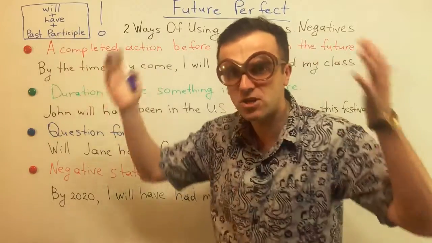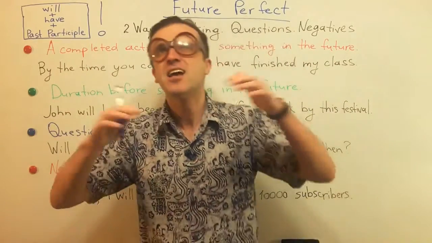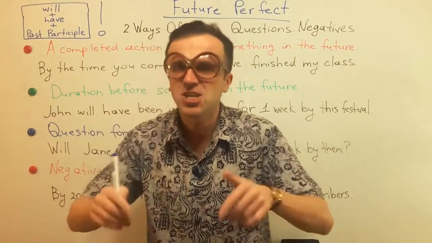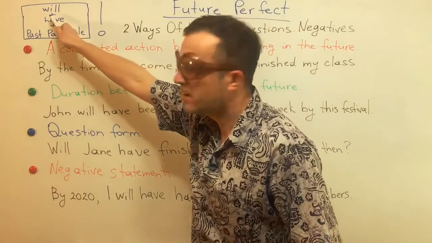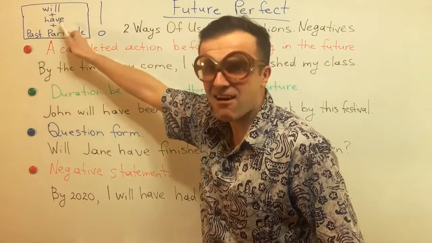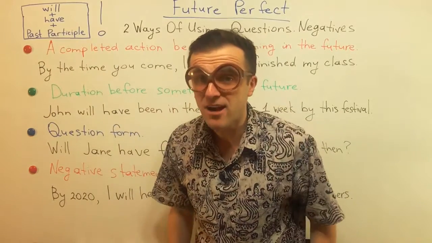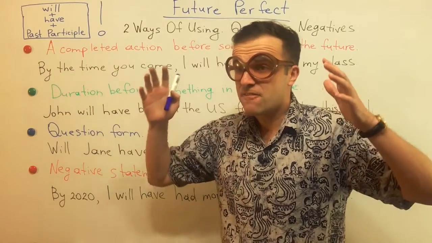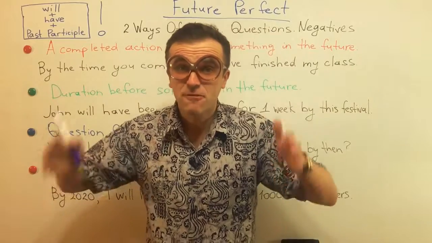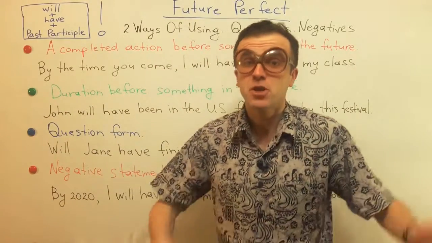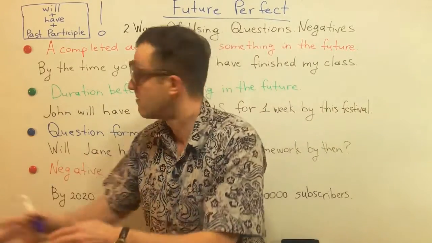It's a person, like I, we, you, they, he, she, it, plus will, plus have, plus the past participle. So what is the past participle? It's the verb in the third form. For example, do, did, done.